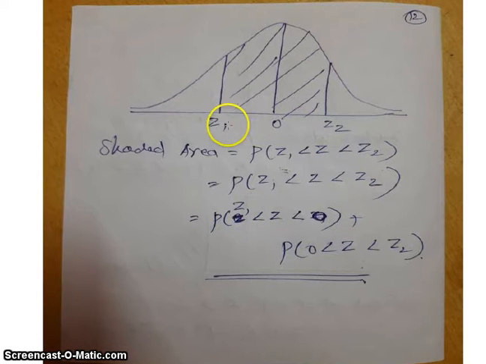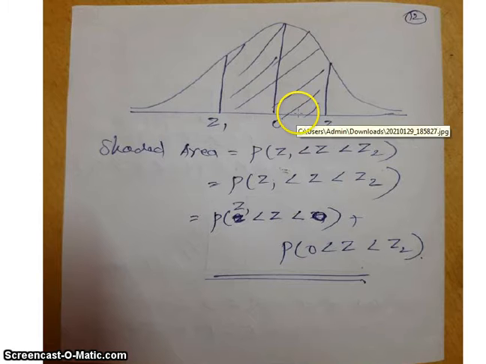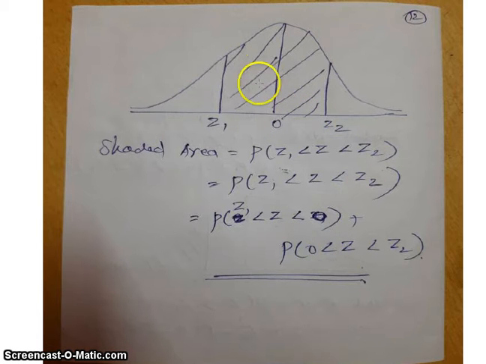The z value greater than z1 and less than 0, plus z value greater than 0 and less than z2. Two sides: this area you calculate, this area you calculate, add them, and you will get the total area between z1 to z2. So this is how we calculate area under the standard normal curve. For that you have to use the normal table, and I will explain how to identify the table value.